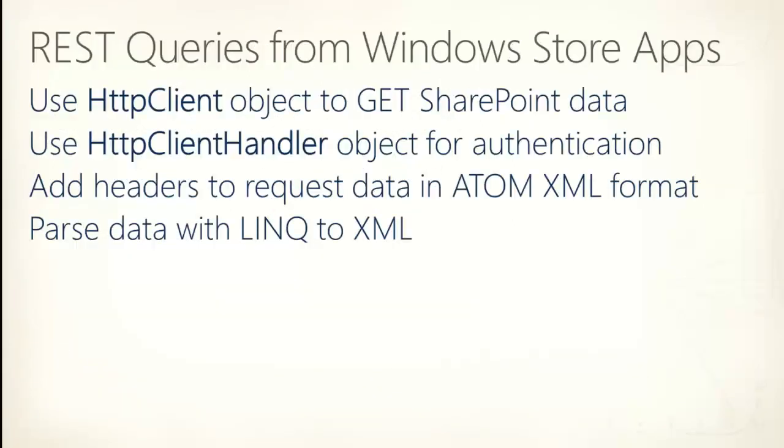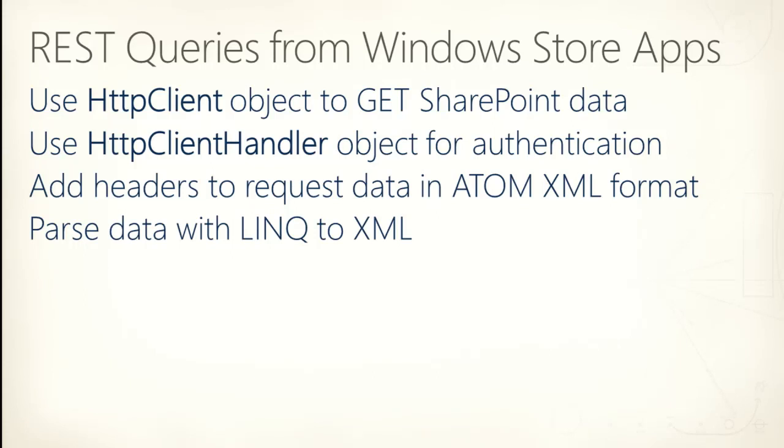To actually do the querying, we have to use the HTTP client class. This is slightly different had you written a regular .NET application that has a different class name. You might be familiar with HttpWebRequest if you've ever written code that hits raw HTTP URLs. We use this class called HttpClientHandler, and this is critical to actually authenticate.